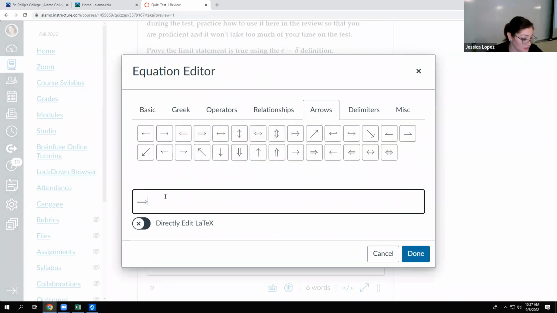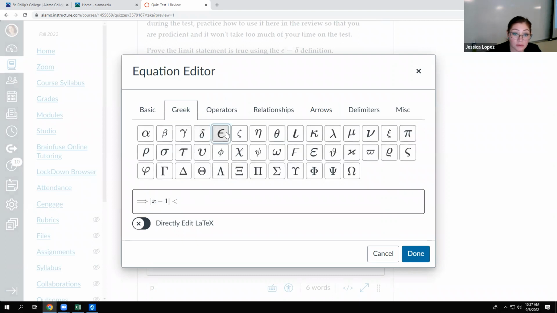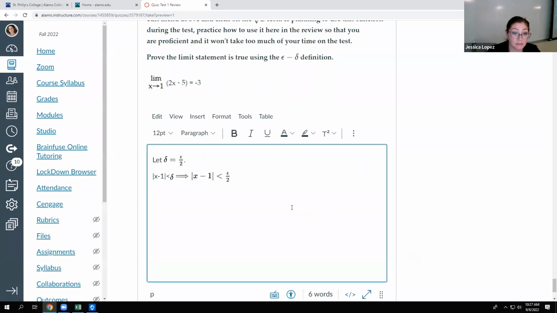This means implies. So if I have that, since delta equals epsilon over 2, I'm just replacing my delta with epsilon over 2, right?